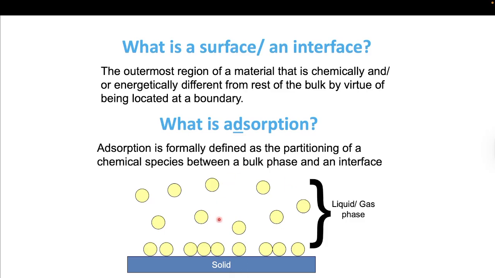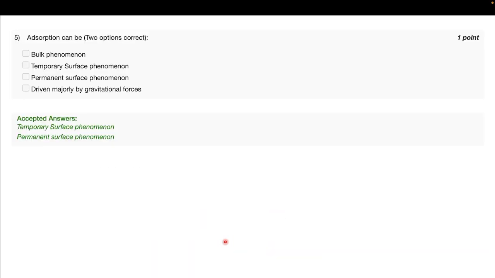If your protein is very stable, it will have very little interaction with the surface, and it could have a temporary attachment. In case your protein really likes the surface and there are no other forces trying to remove that protein from the surface, it could be a permanent surface phenomenon as well. Is this clear?